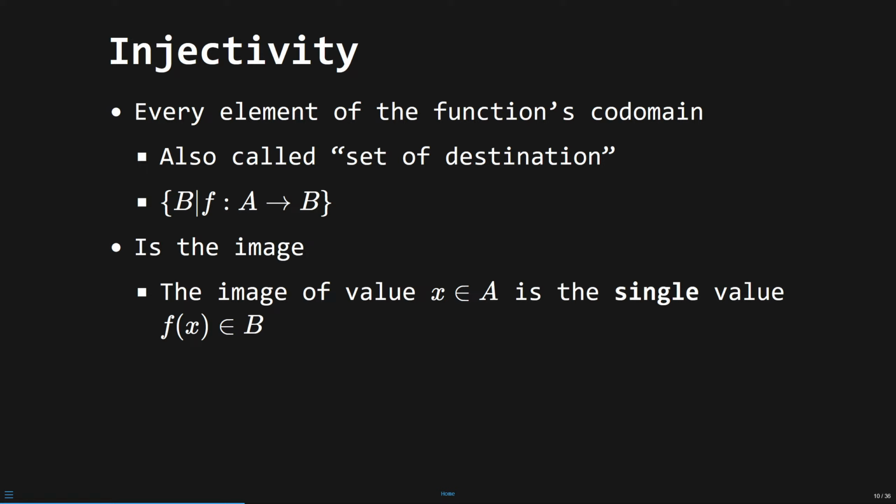And now let's be very careful here about what's going on. Every element, this is essentially a for all, is the image, which means image is a term with respect to an element or a specific value. Perhaps this should say element instead of value, right? I'm using values here, but they could be things other than values.